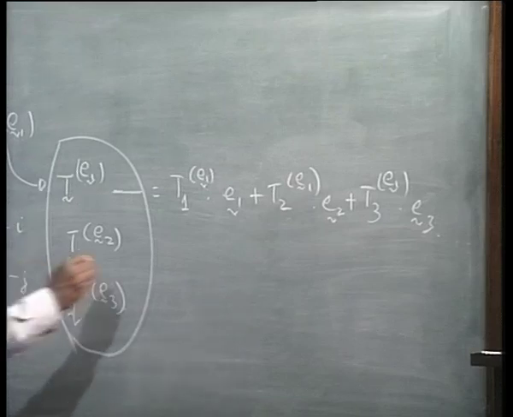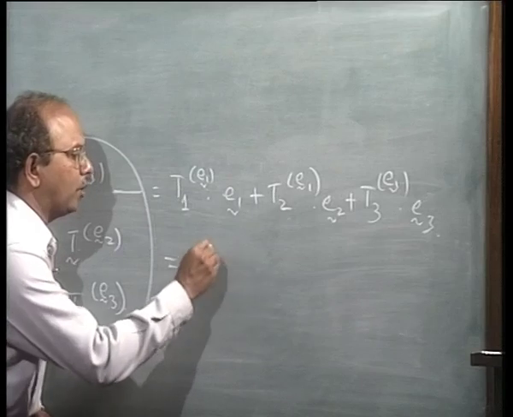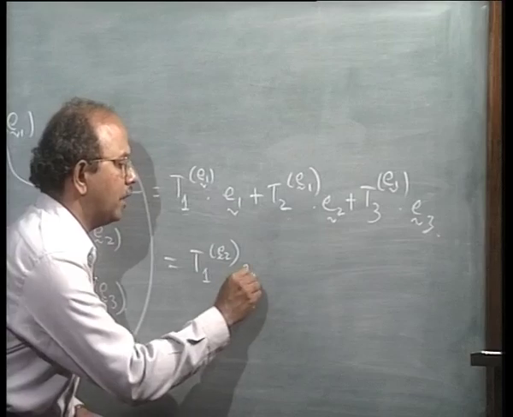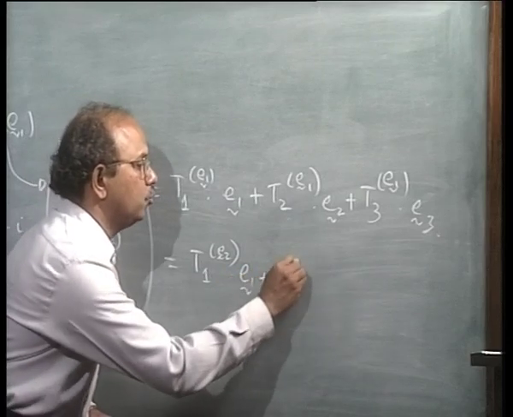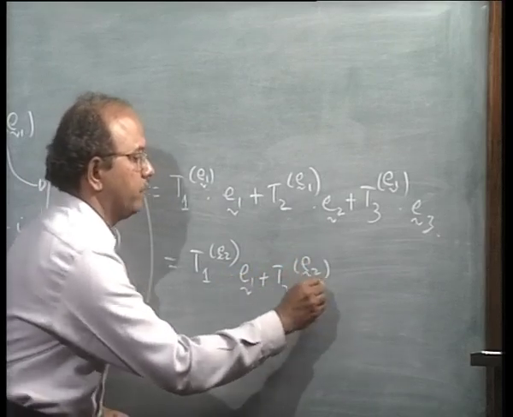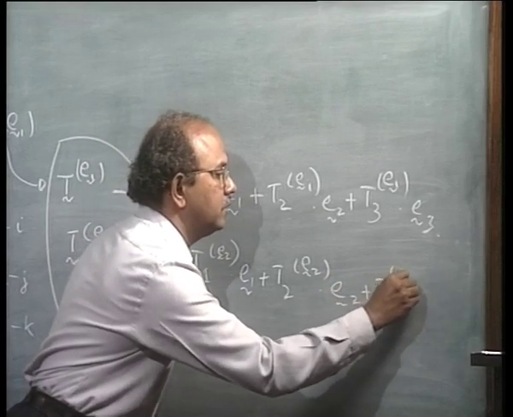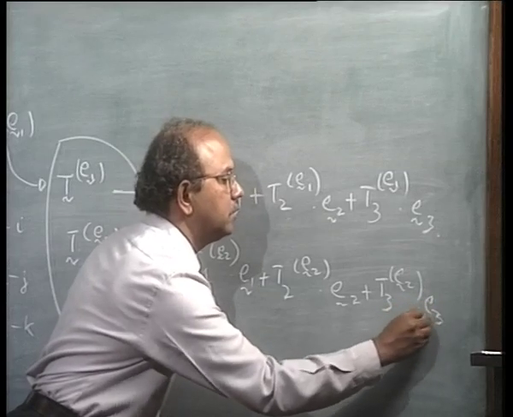So similarly I can write this as T1 of E2 into E1 plus T2 of E2 into E2 plus T3 of E2 into E3.